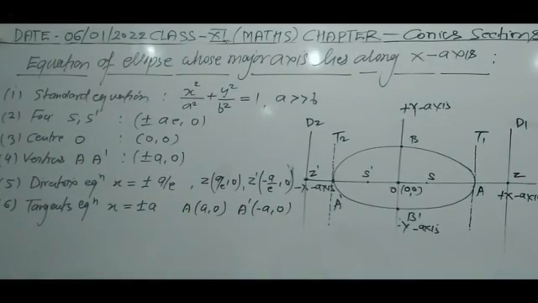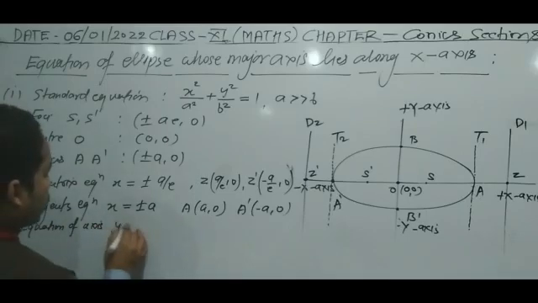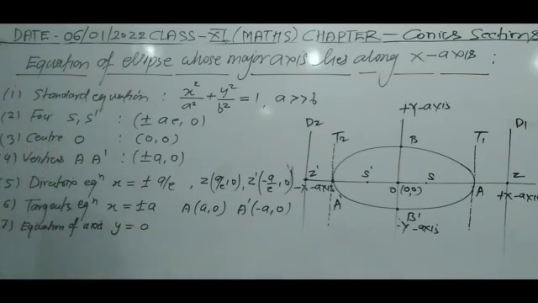Now seventh is equation of major axis, that is y is equal to 0.